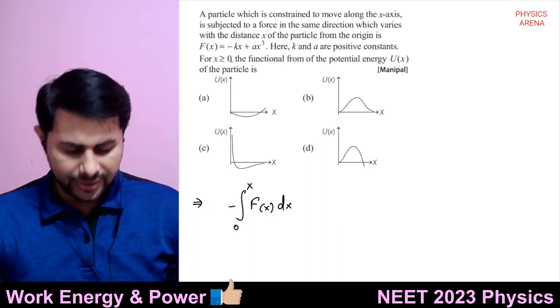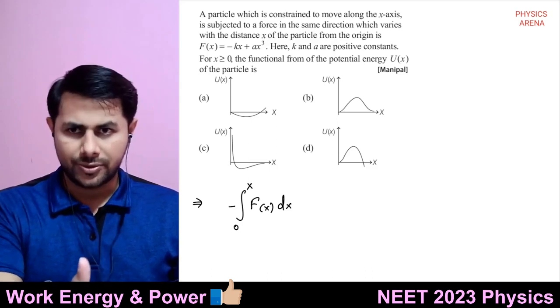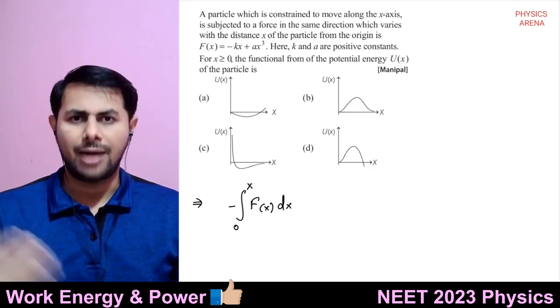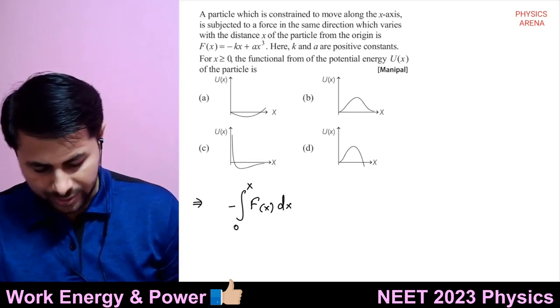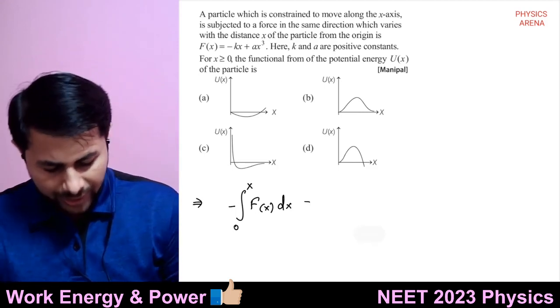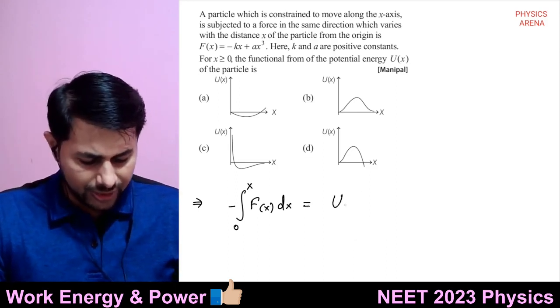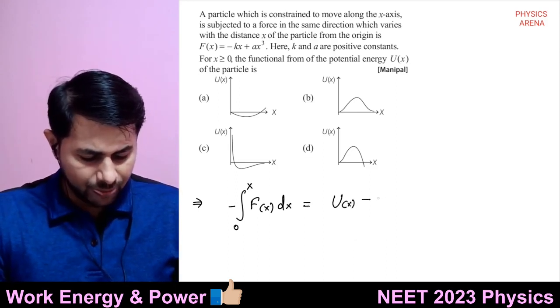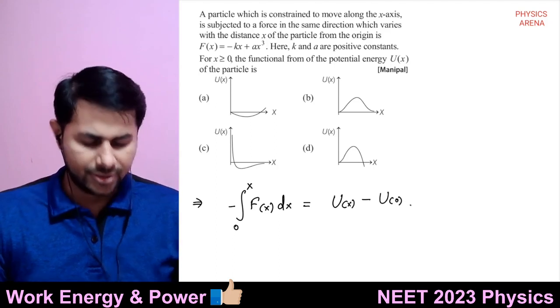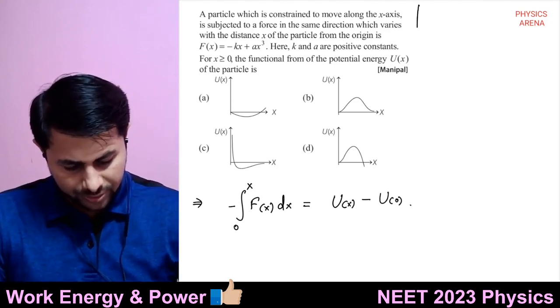Why 0 to x? Because we want the value of potential energy for values of x which are greater than 0. So this is equal to potential energy at x minus potential energy at 0.